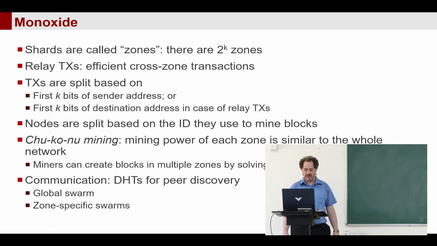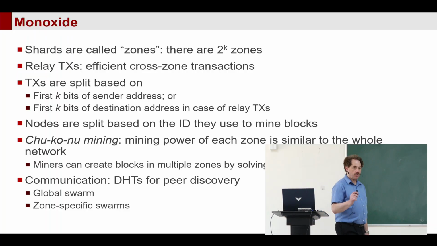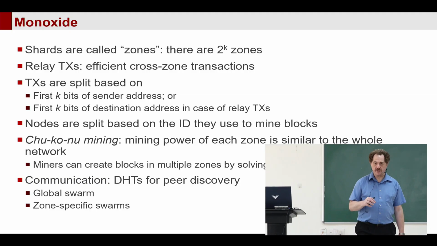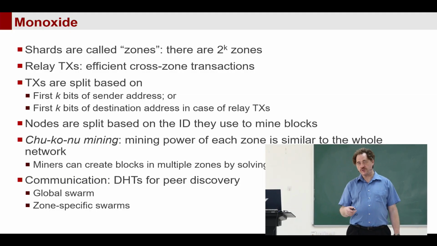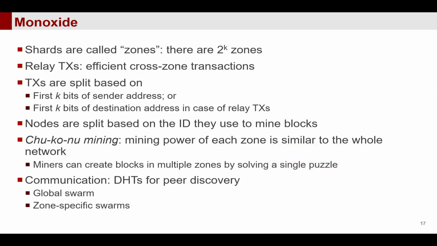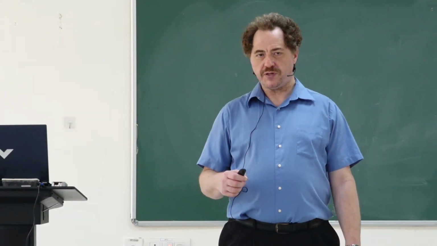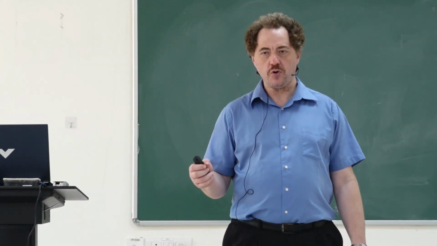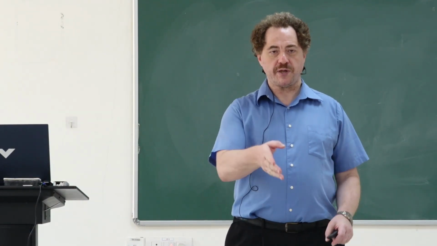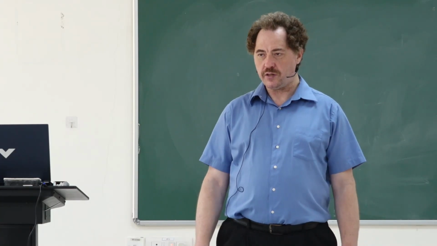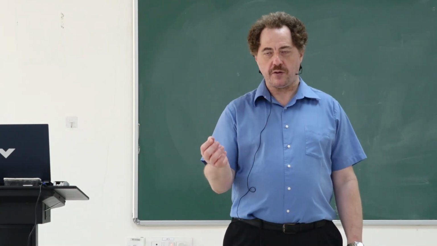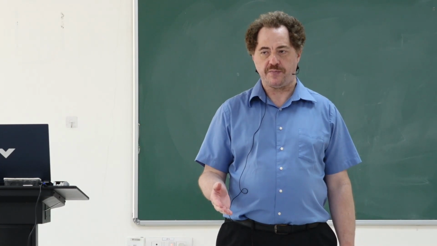Nodes are split based on the ID they use to mine blocks. This is one of the simplest but also most typical techniques to decide on the shard to which a node belongs: use some hashing on the ID of the node and produce some number, essentially a random assignment.